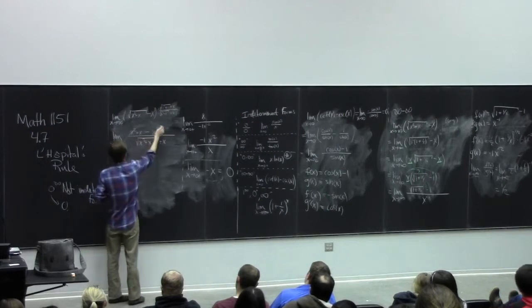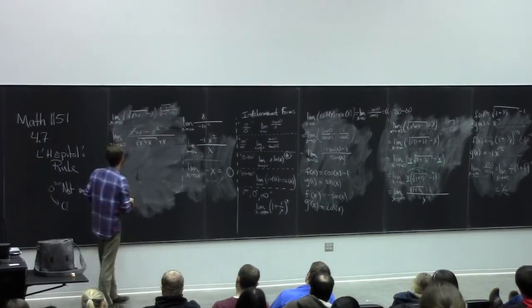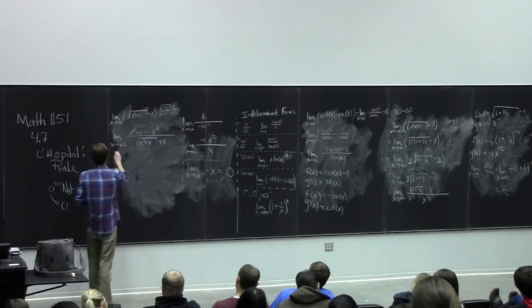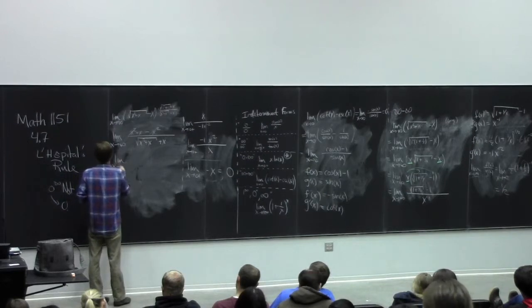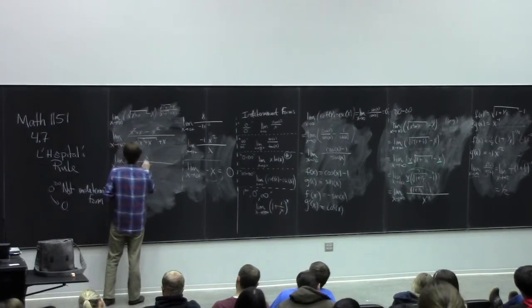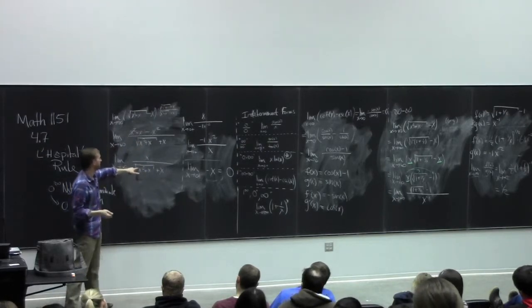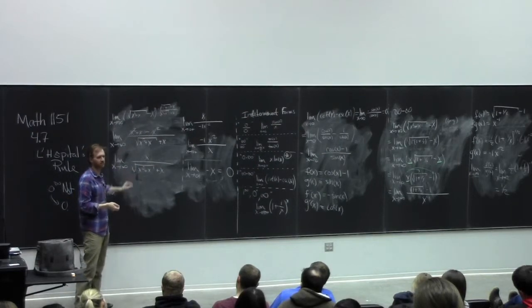For one thing, these are going to cancel, right? And so maybe we can just use L'Hopital's rule at this stage here. Limit as x goes to infinity of x over the square root of x squared plus x. Let's see. This one goes to infinity. This is infinity over infinity.